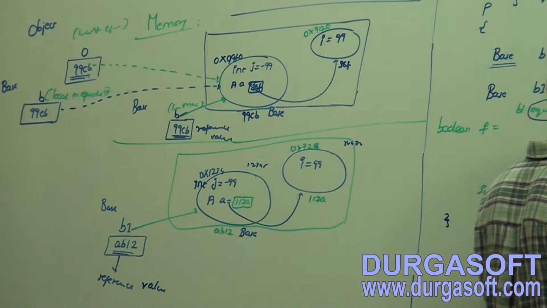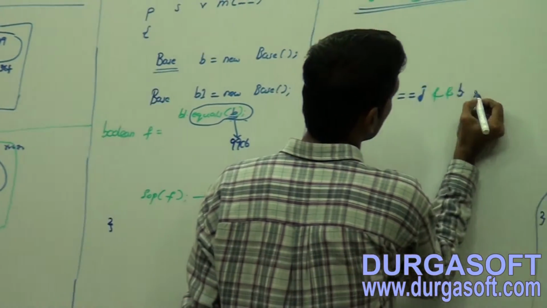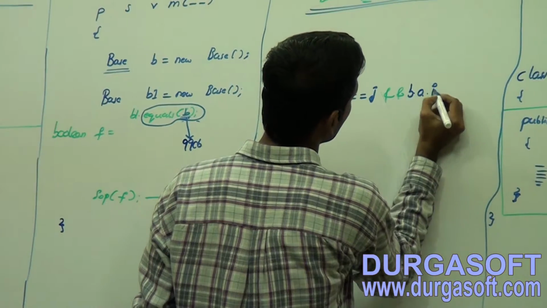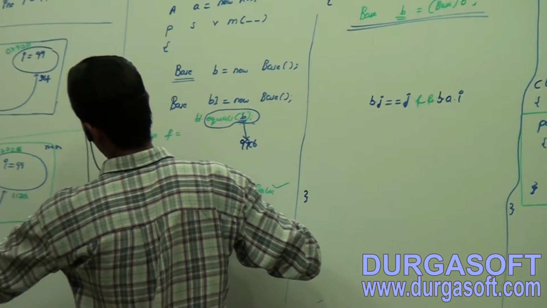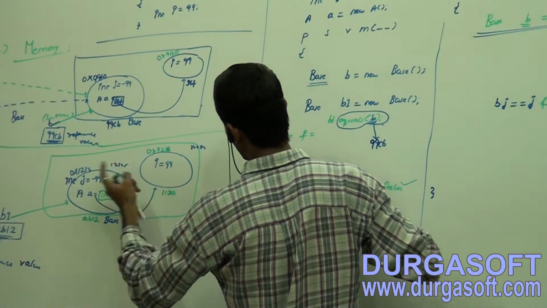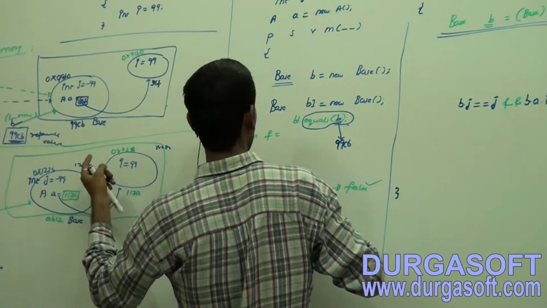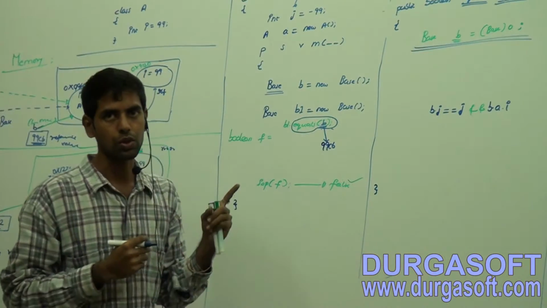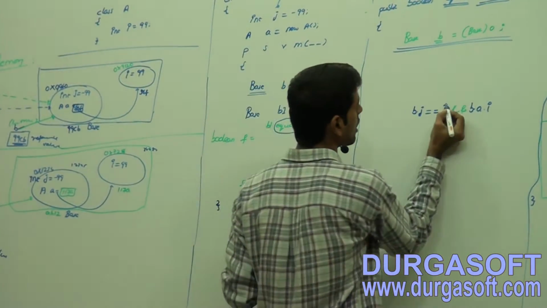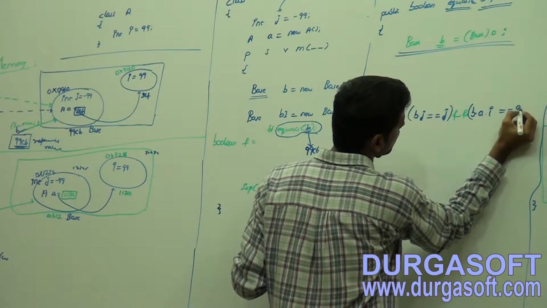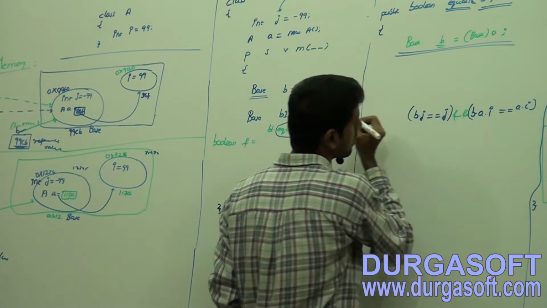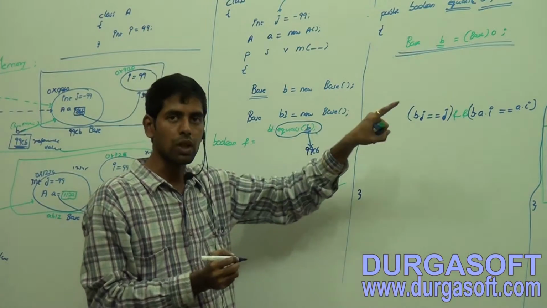And now within this object b1, what is that? a dot i, or else you can take b1 dot, like that also you can take, no issues. Okay, now let me put it within the brackets, equals to a dot i. Getting, guys? Equals to a dot i.